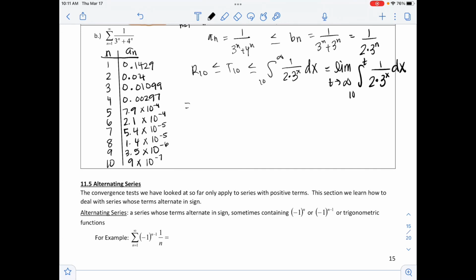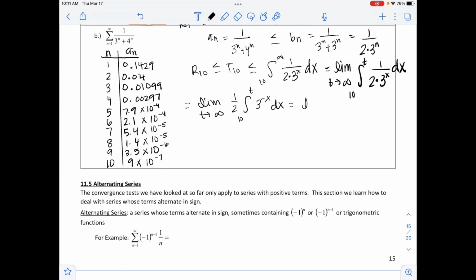And that 1/2 you're able to pull out in front of the integral. And so we have now the limit as t approaches infinity of 1/2 times the integral from 10 to t. And I'm going to rewrite this as 3 to the negative x dx.